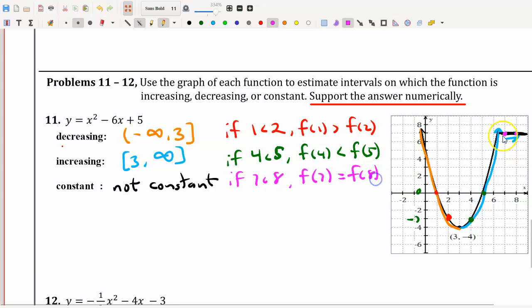Meaning those y values are both equal to 7 in this case. They're the same. So if the y value is the same, that means it's not going up and it's not going down, therefore it has to be flat and level. Okay, so that's just a bonus if this was in the problem, not actually part of the answer, though.